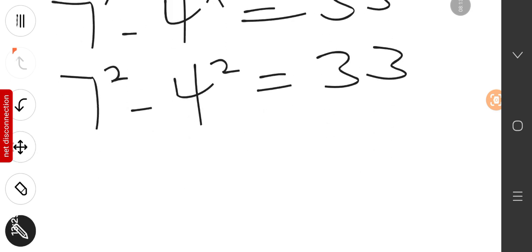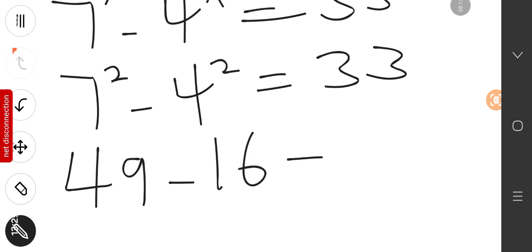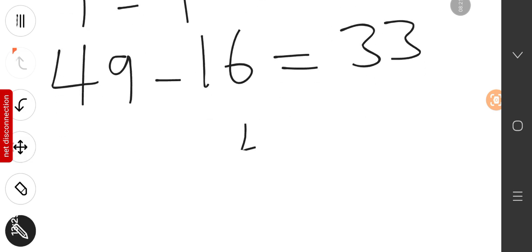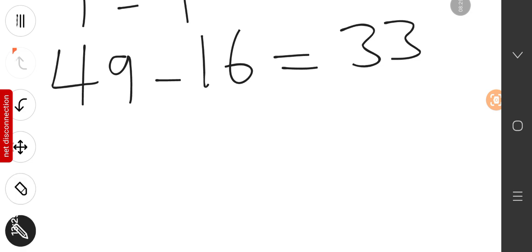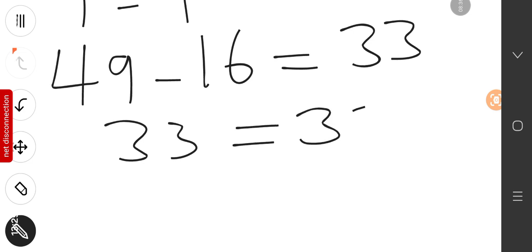Now 7 squared is 49, and 4 squared is 16. Let's do the subtraction: 49 minus 16 gives us 33. So you can see the equation is clearly satisfied.